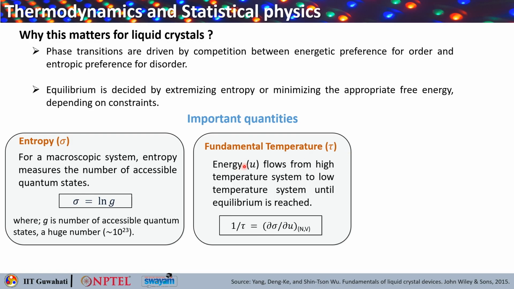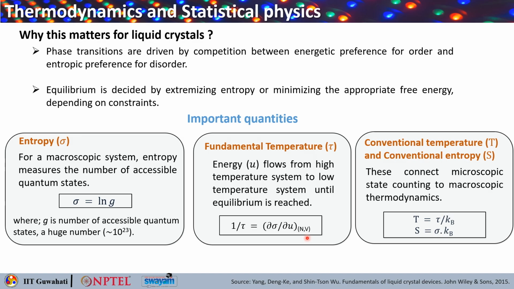Energy U flows from a high temperature system to a low temperature system until equilibrium is reached. So, you can say 1 over tau equals ∂σ/∂U at N, V, okay. N is the total number of particles, and V is the volume of the system.